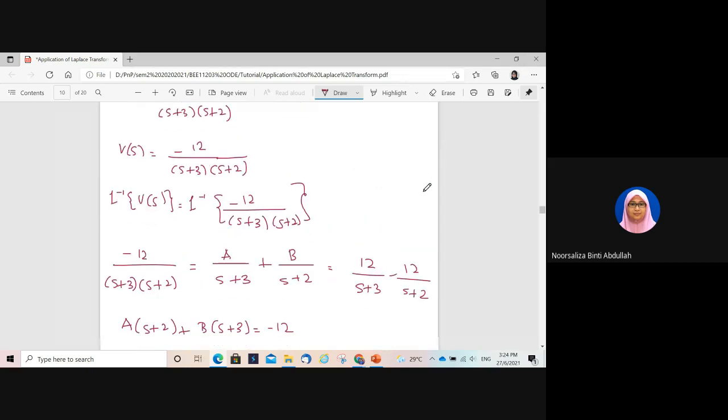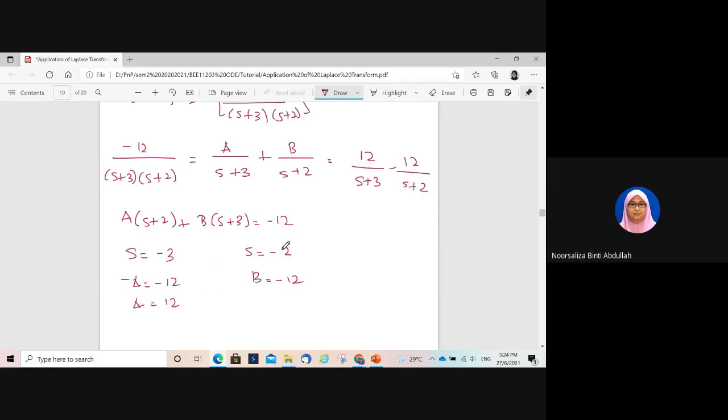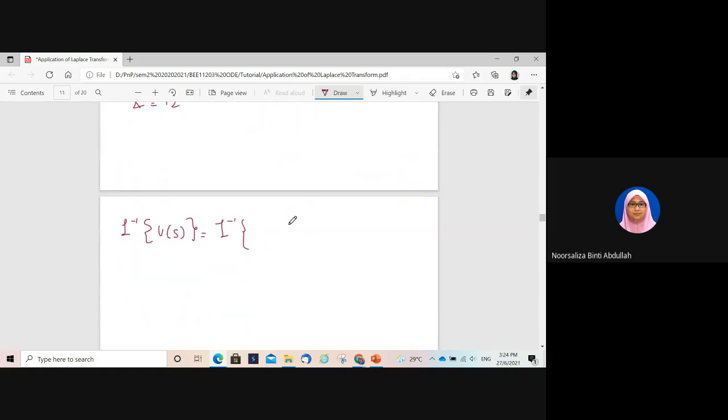Okay. So inverse Laplace of Vs equals to inverse Laplace of 12 per s tambah 3 minus 12 over s plus 2. Betul?